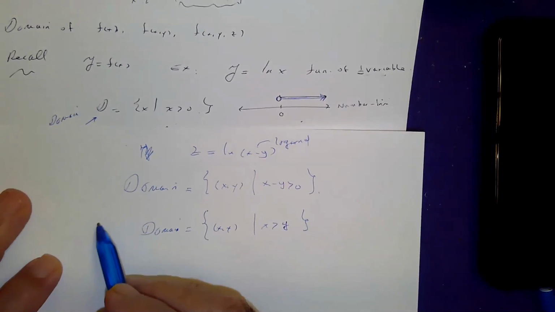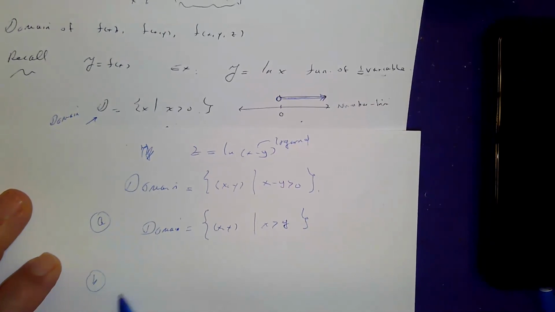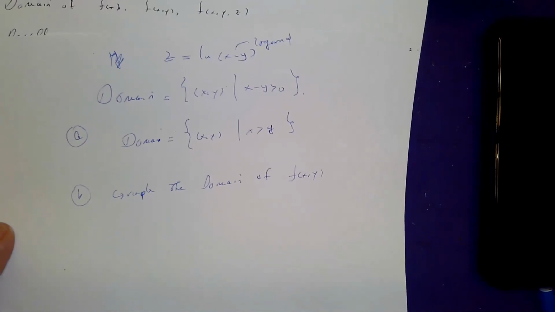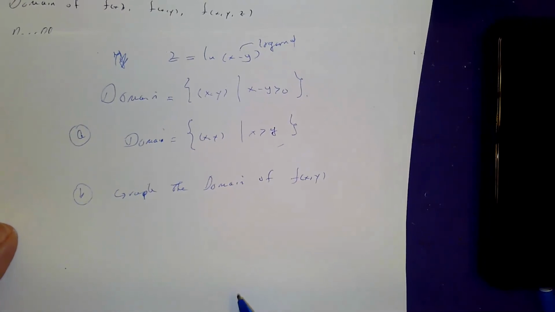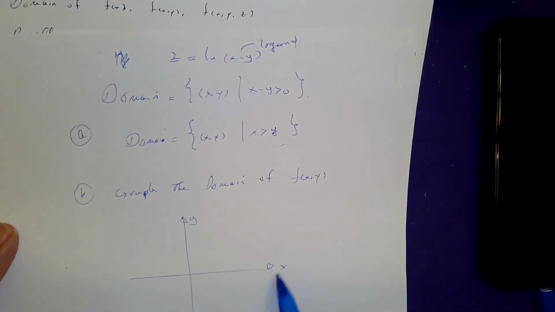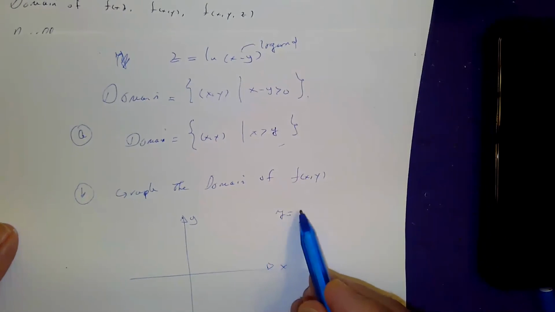But sometimes that would be like part A followed by part B, and that would be like, hey, can you graph the domain, please? Okay, the domain of f of x y. How would you graph the domain? How would you graph this? Well, you go on the x and y axis, correct? What is the graph of y equals x?